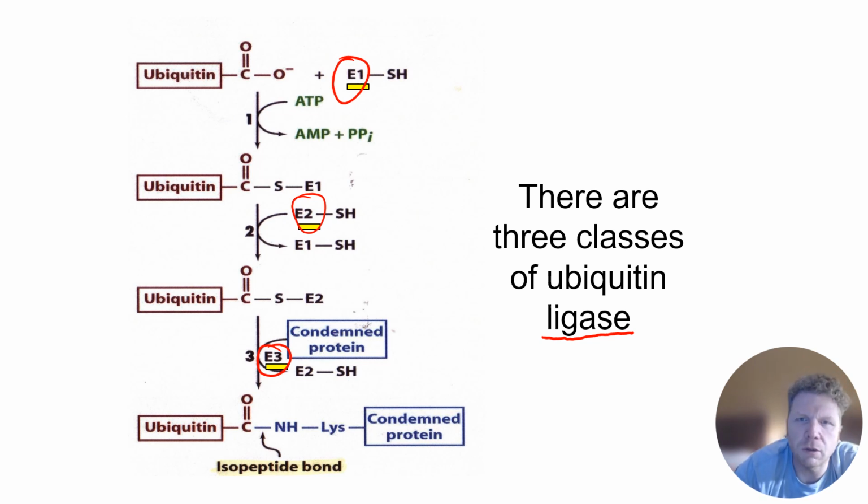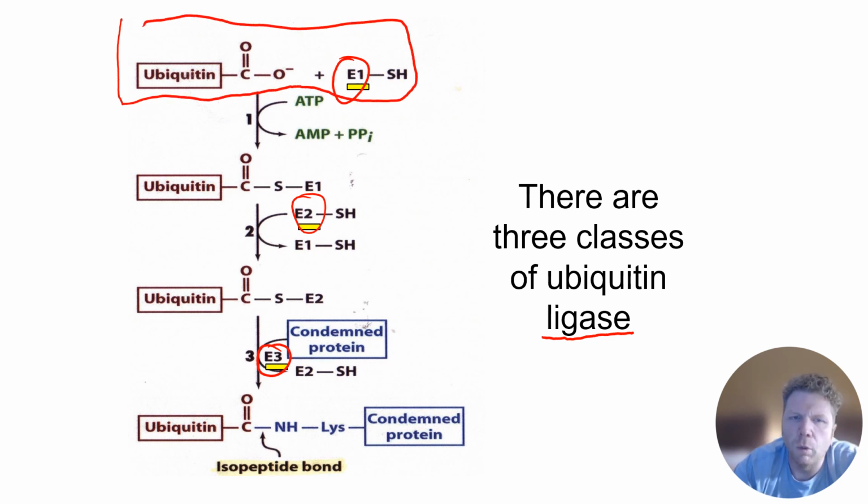So let's go ahead and look at just this top portion. What I've selected is ubiquitin and a carboxy group. That carboxy group is found on the C terminus of our ubiquitin. And then we've also got a sulfhydryl group on our E1.